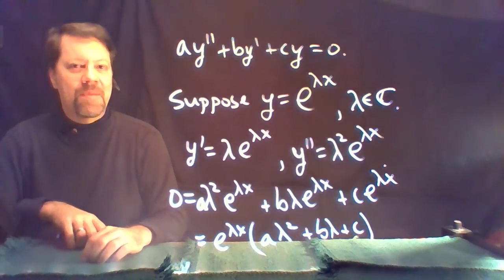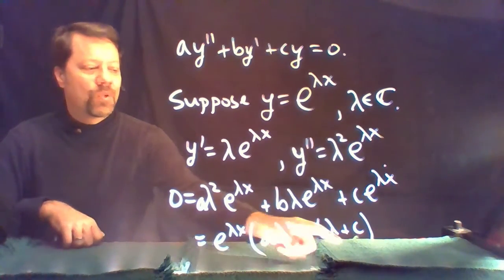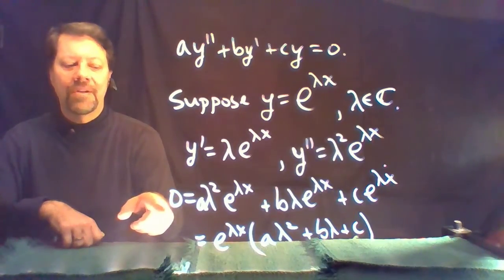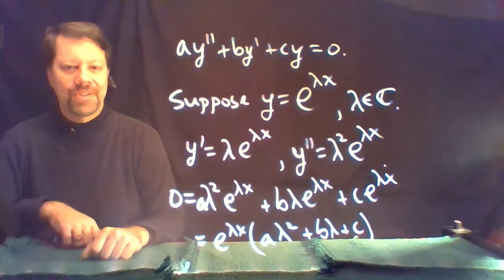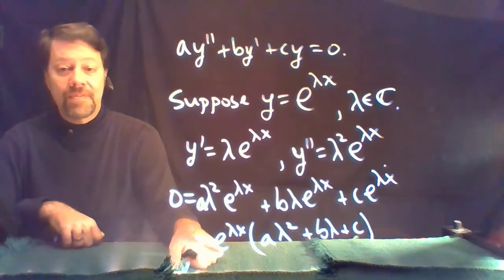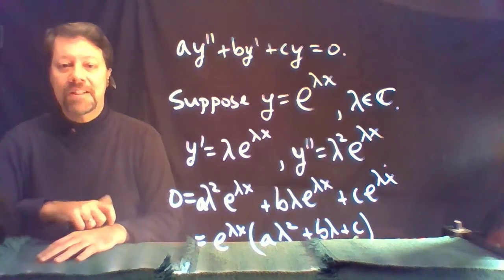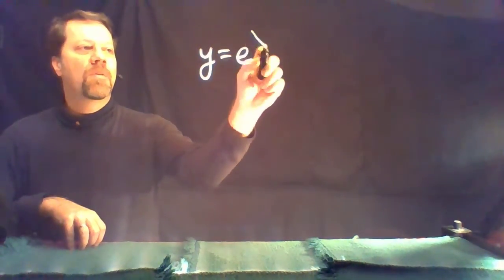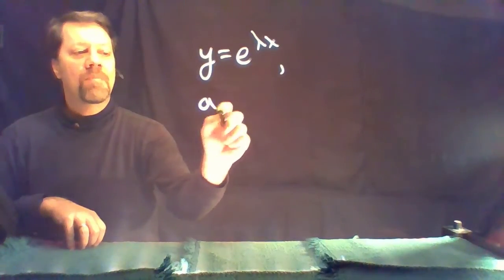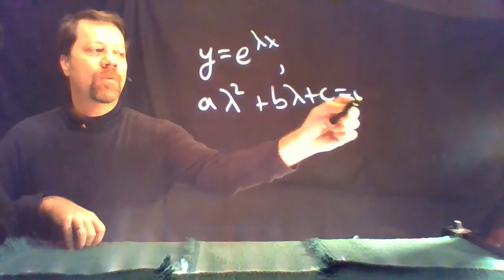By the way, if you don't remember, the zero product theorem states that if you have two things multiplied together that equal 0, then either the first factor is 0 or the second factor is 0. This first factor can't be 0, and that implies that the second factor must be 0 for this equation to be true. We see that in order to have a solution of the form e to the lambda x, we must have a lambda squared plus b lambda plus c equals 0.